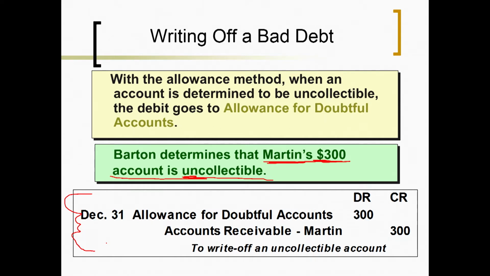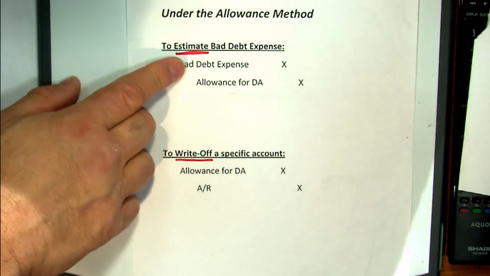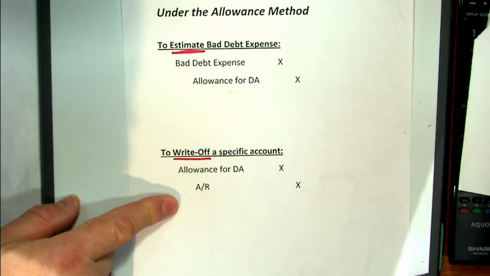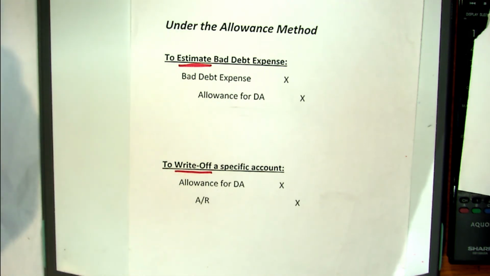Now, do we debit bad debt expense when we write off a specific account? Do you see bad debt expense being debited? No. We debit bad debt expense when we estimate bad debt expense. Here we're writing off a specific account. This should be something that you write in your notes because that's very, very important. People always get this confused.